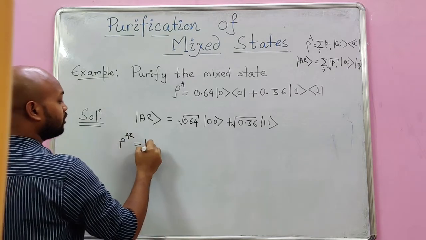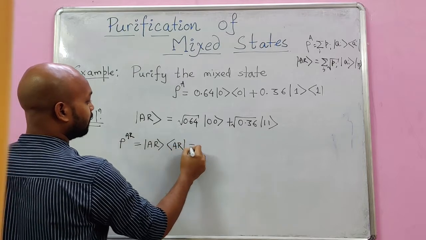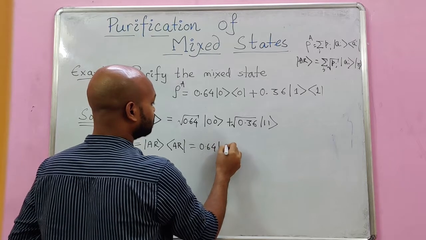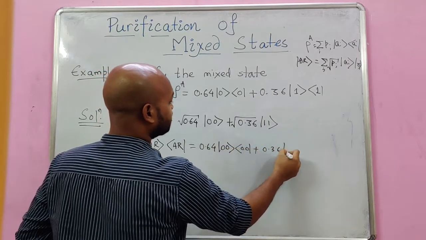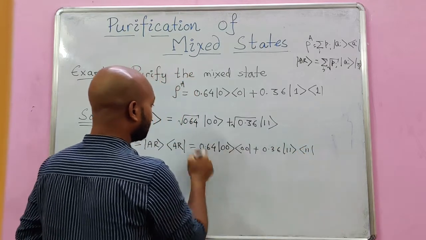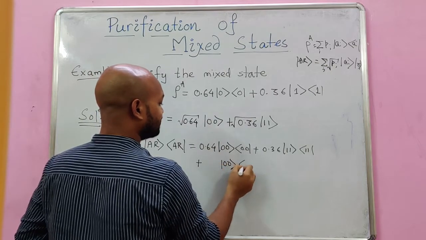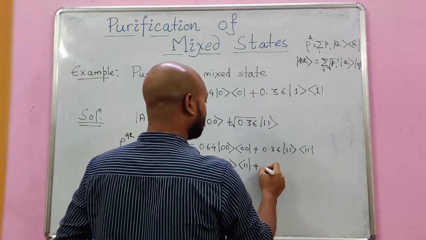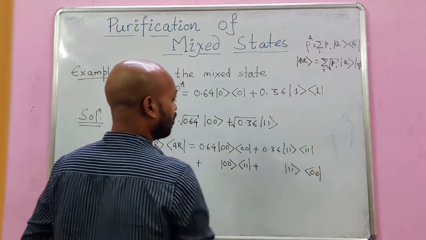Okay, so we will need the density matrix rho AR. Rho AR would be the ket AR times the bra AR. So this is going to be 0.64 |00><00| plus 0.36 |11><11| plus twice the cross term, with the same coefficients multiplied, giving me |00><11| and |11><00|.